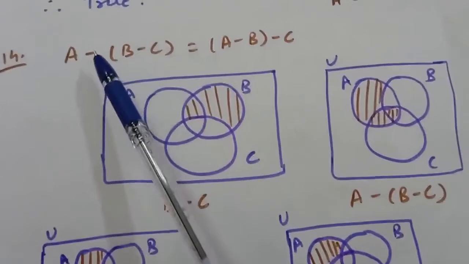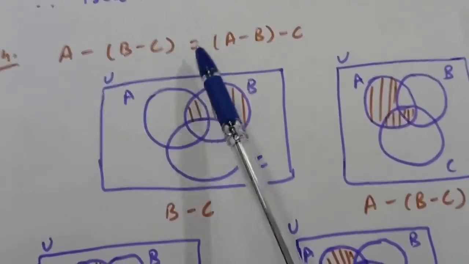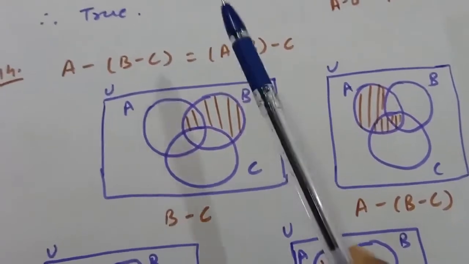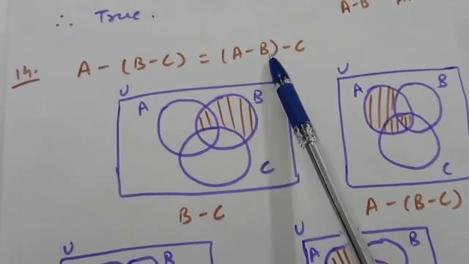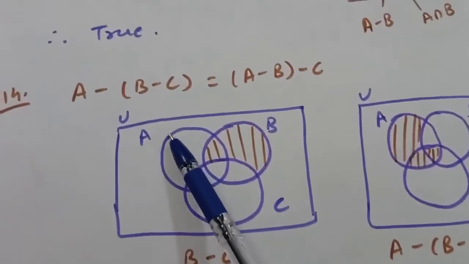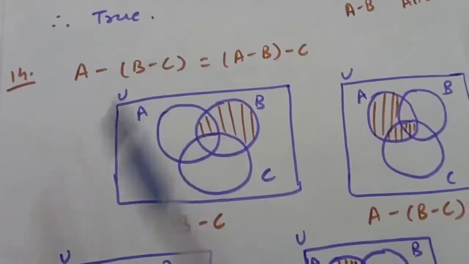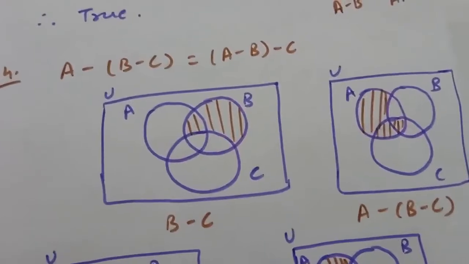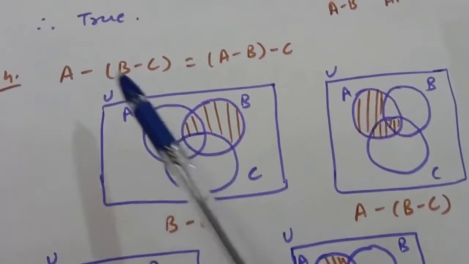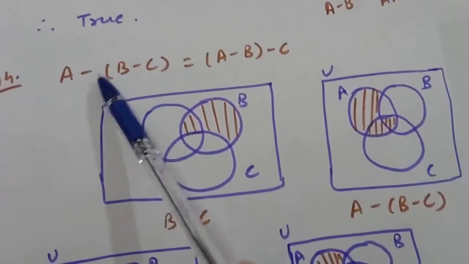True. Now the second is A minus (B minus C) is equal to (A minus B) minus C. We have to check if it is true or false. So again using a Venn diagram. We will first draw the Venn diagram of the left hand side. Now this is the set A, B and set C. We want A minus (B minus C).